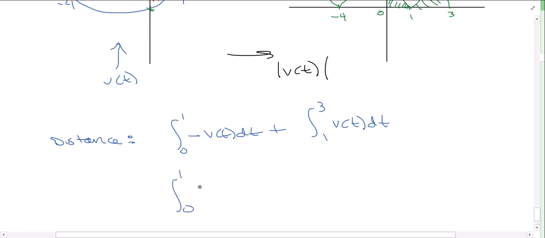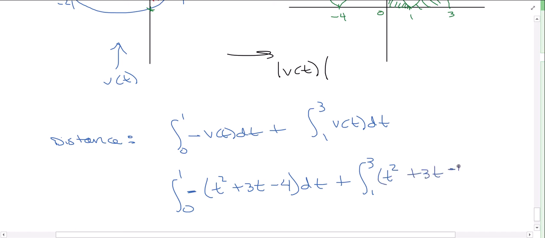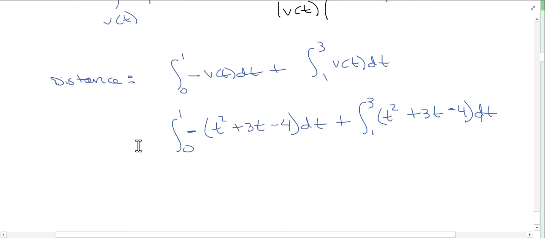And now plug in the actual function. So our velocity was, so I'm going to put the negative there, t squared plus 3t minus 4 dt plus the integral from 1 to 3 of, now we don't need that negative there, we just do the velocity function, so t squared plus 3t minus 4 dt. And then we integrate both of them.